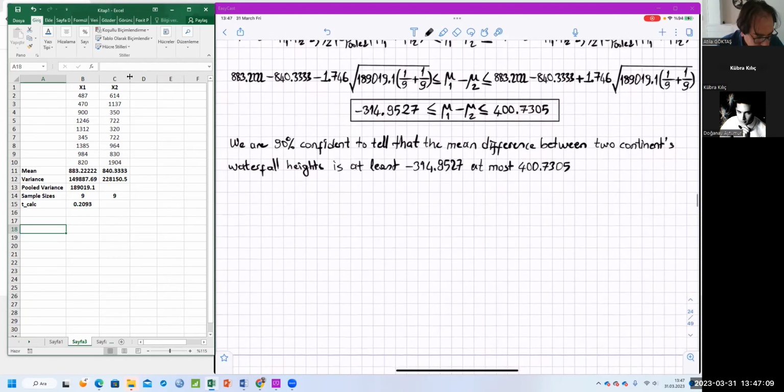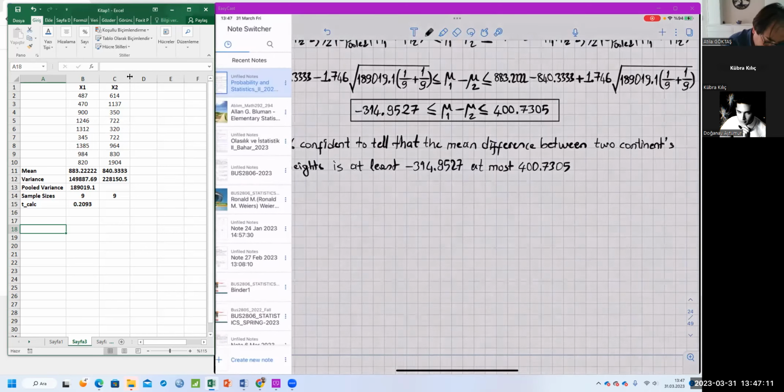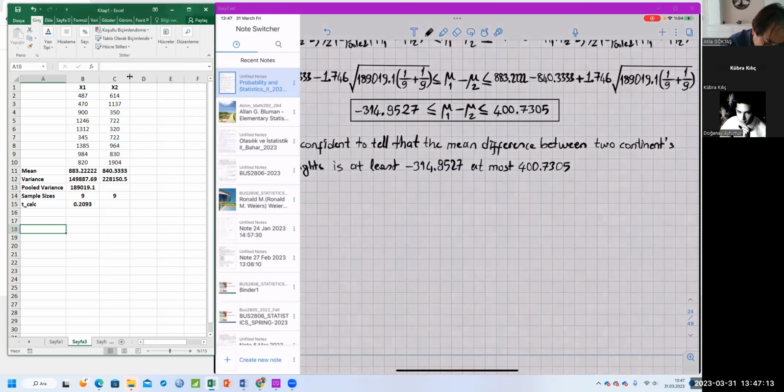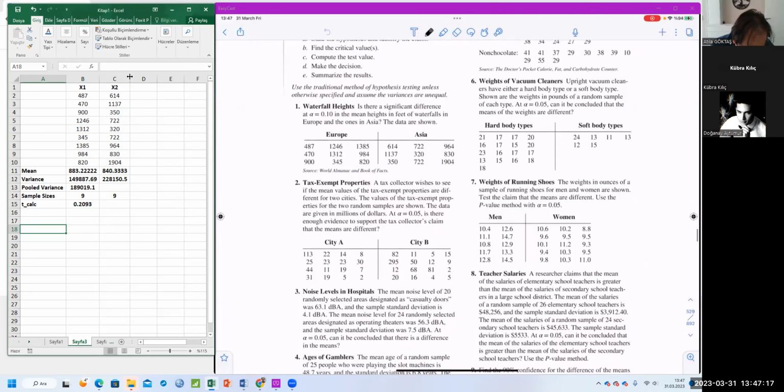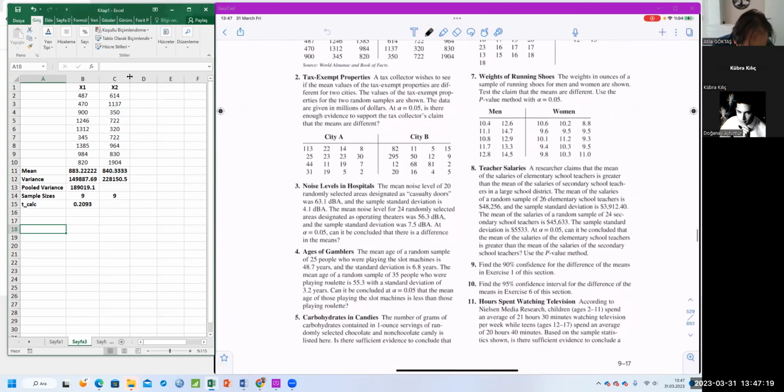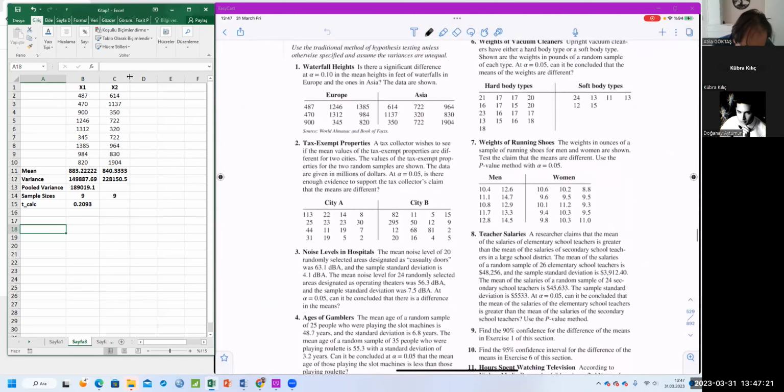So we can move on to another exercise. Let me see. Yeah, I can work out number 2 as well. This is also a double-sided exercise. I have worked out this with a Turkish section. Tax-exempt properties.